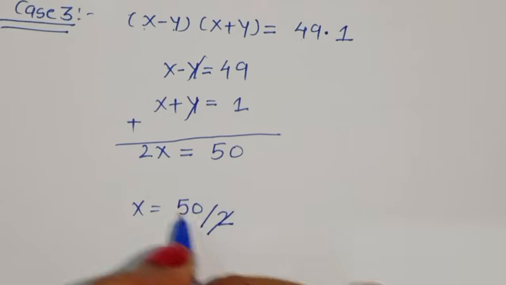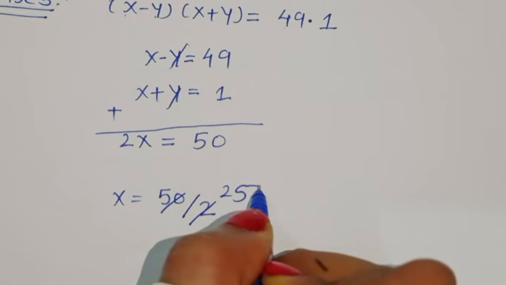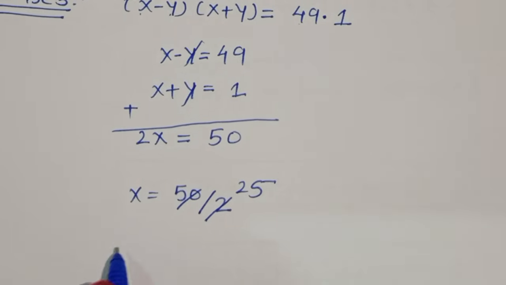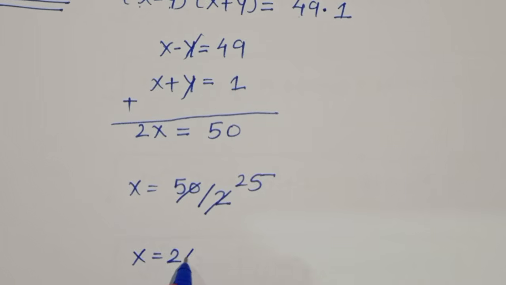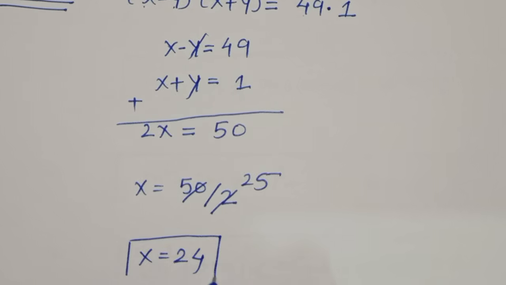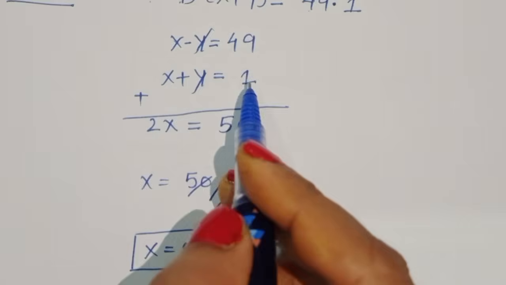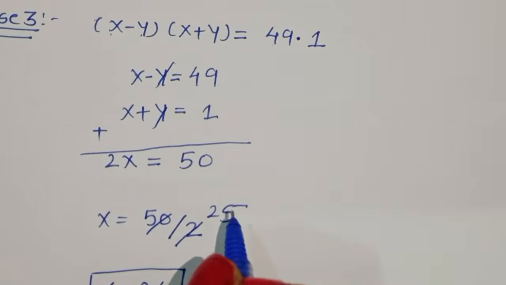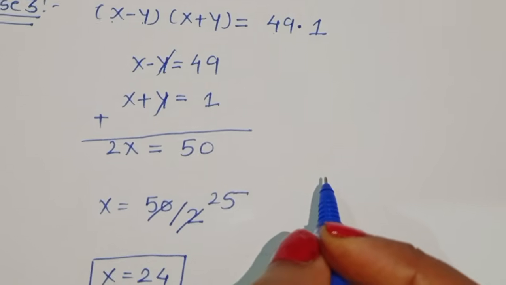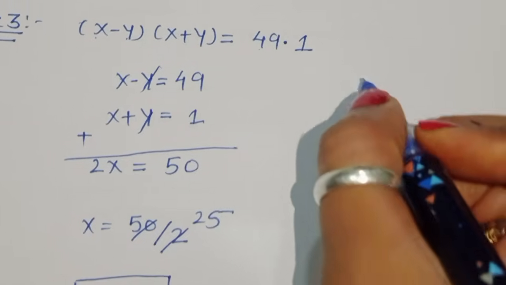So the value of x is equal to 25. Now we have to substitute this value into any of these equations. So we can write the first equation, that is x minus y is equal to 49.